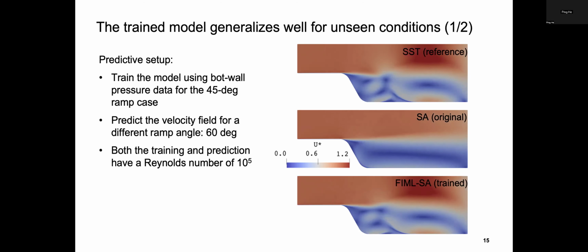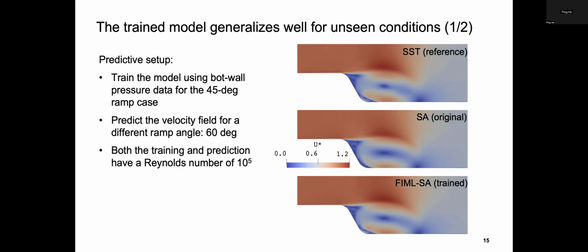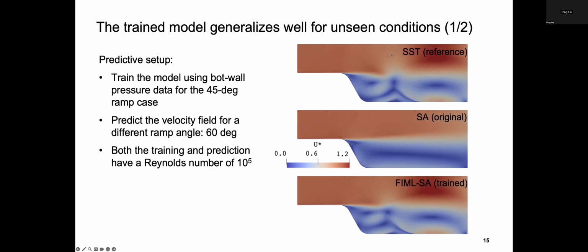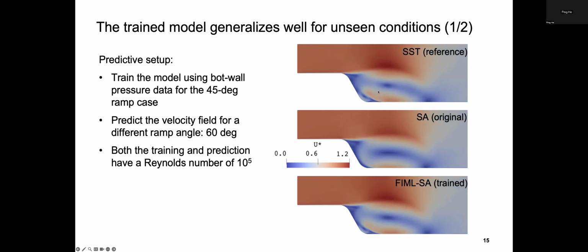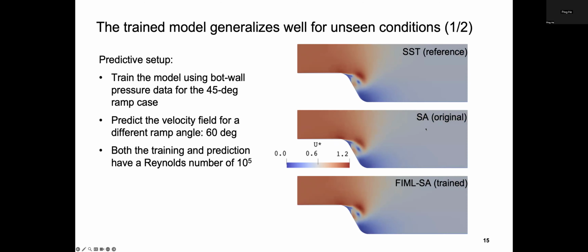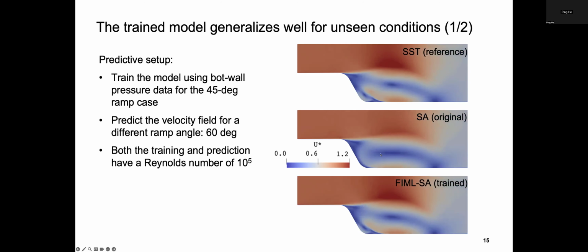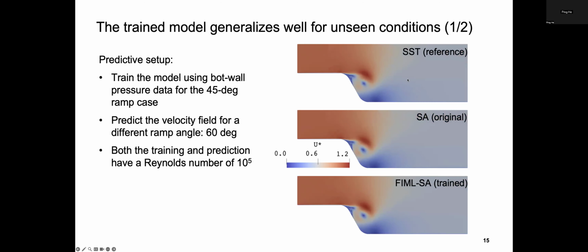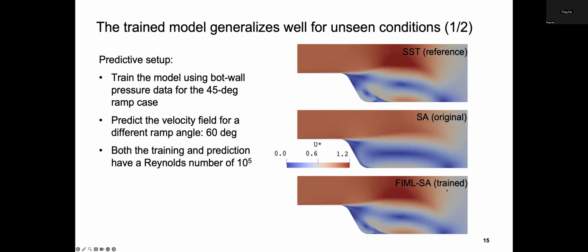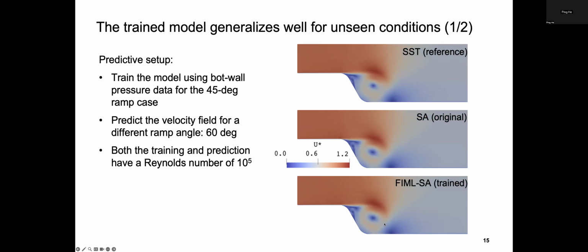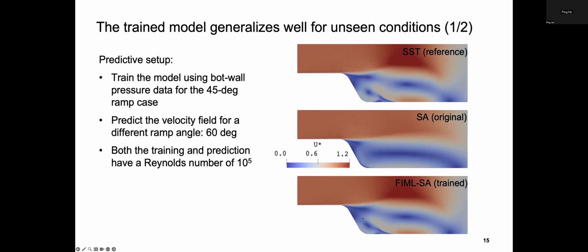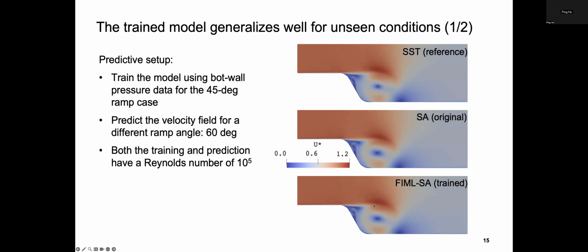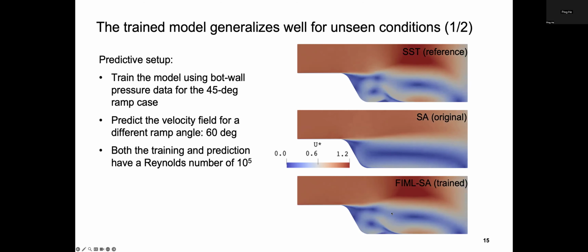And then we use the same model to predict a 60-degree ramp. The right-hand side is the prediction results. Top is the reference, middle is the original prediction. You can see that it doesn't match the SST reference. But the bottom one is the trained model. Again, this trained model is trained on the 45-degree ramp case and predicts the 60-degree ramp case. You can see that the prediction is good enough.